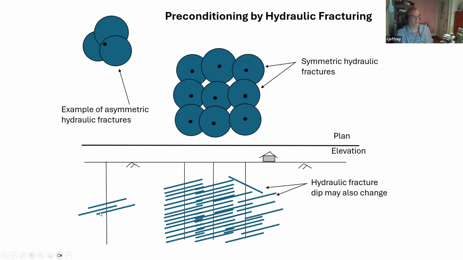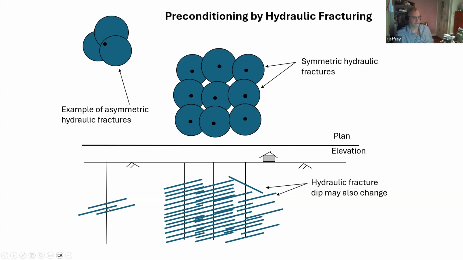So you end up with a more uneven fracture spacing and preconditioning effort, if you will. So this is undesirable, but it's currently just a fact of life as far as being able to reduce it.